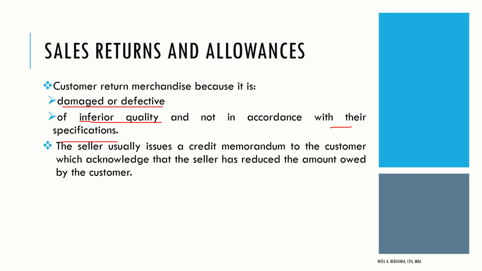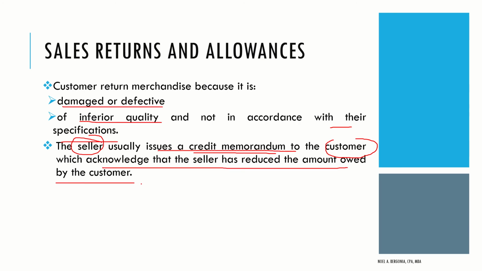Okay, so in that case, pag binalik po ni customer yung merchandise na binili niya dahil defective o kaya baka inferior yung quality, then the seller usually issued, no, credit memorandum. So credit memorandum is a document, no, given by the seller to whom the customer, okay, to acknowledge that the seller has reduced the amount owed by the customer.